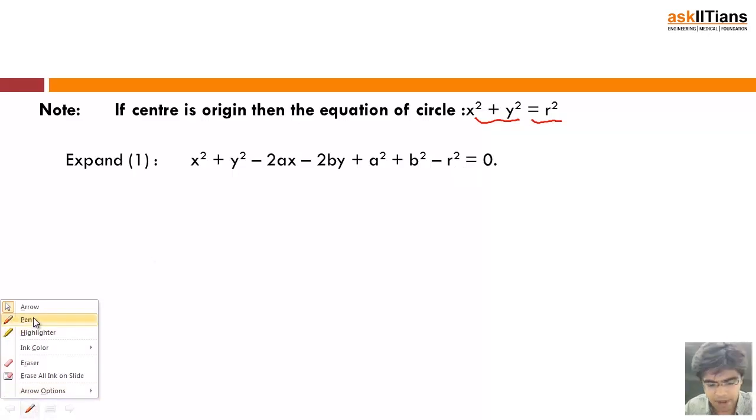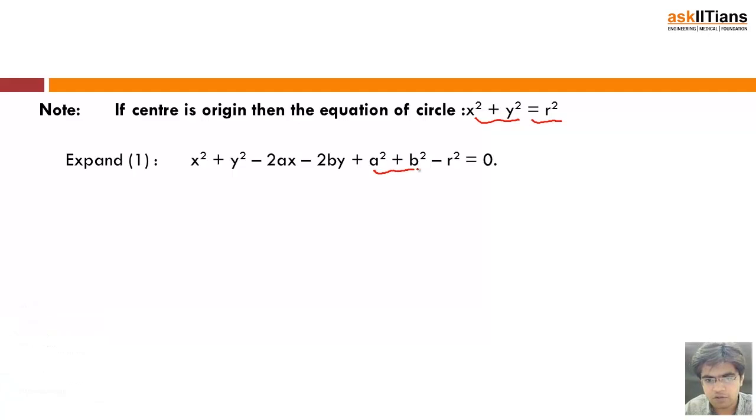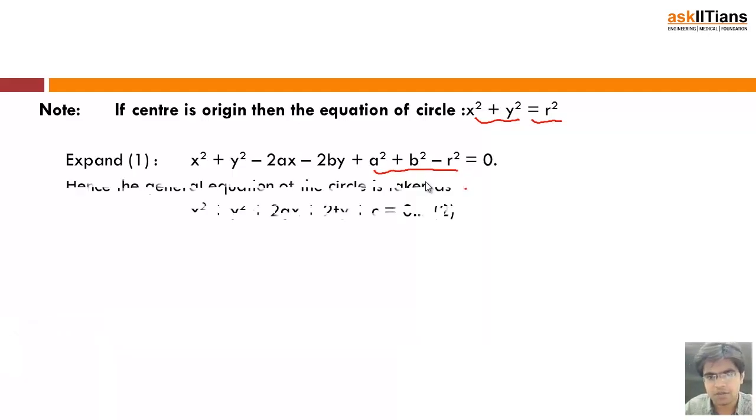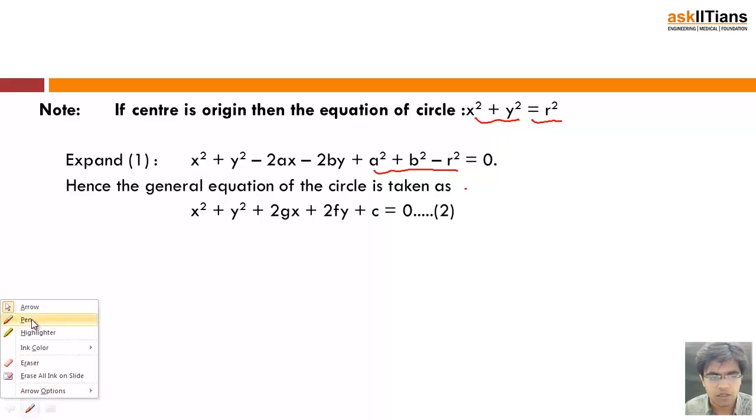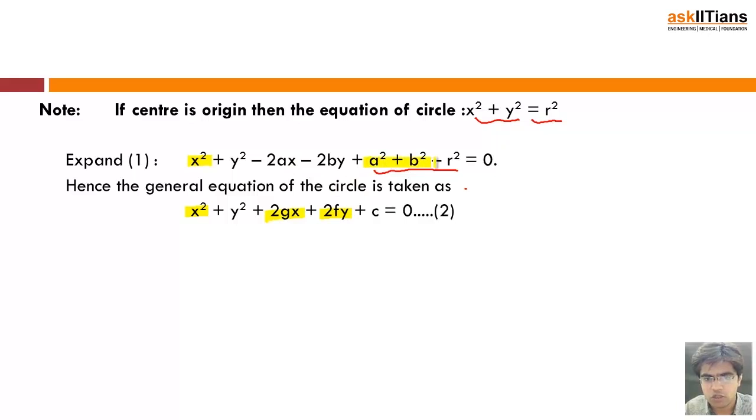So when you open the brackets, there are some common terms which I can collect. So let me collect these terms and let me introduce a new equation. The new equation says that let x square be x square, y square be y square. I have called the x and y terms 2gx and 2fy, and this constant term I have represented as c.